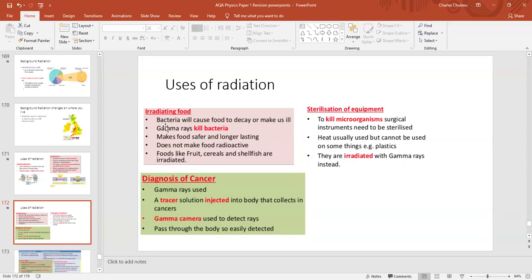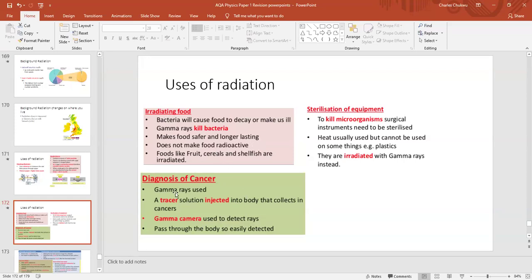Gamma rays can kill bacteria. So if it can kill those bacteria, then it can be used to preserve food, keep it safer and longer. It doesn't make the food radioactive, so that's fine. Foods like fruit, cereals, and shellfish are irradiated.